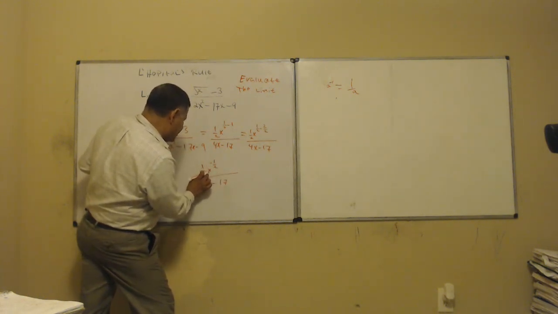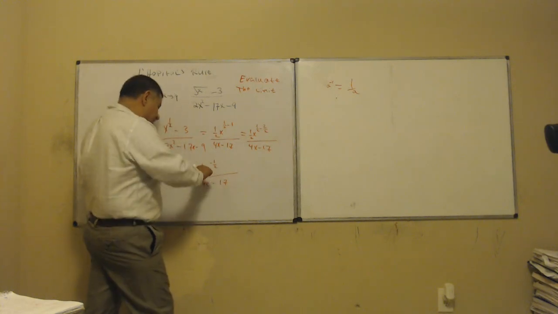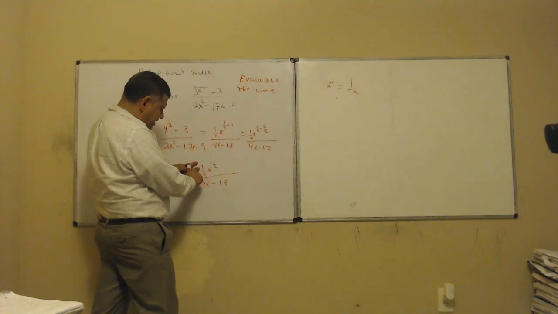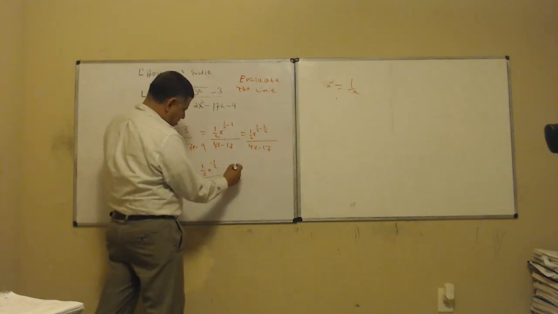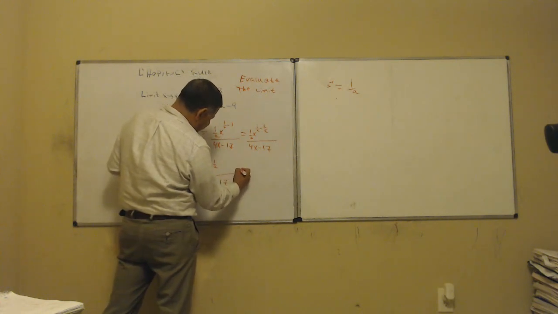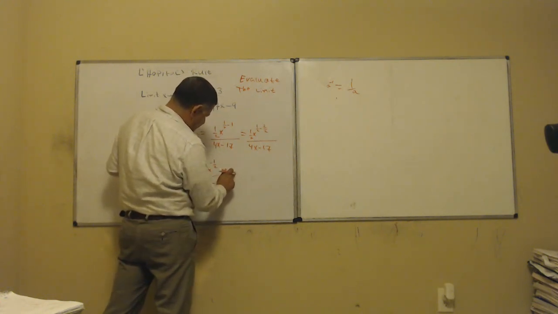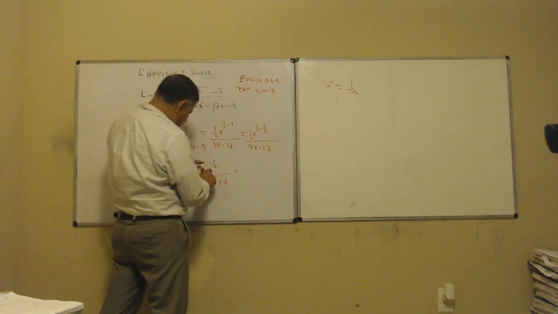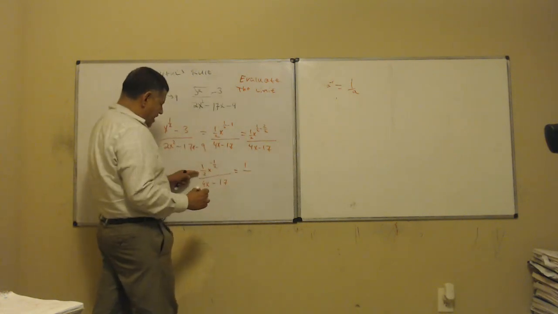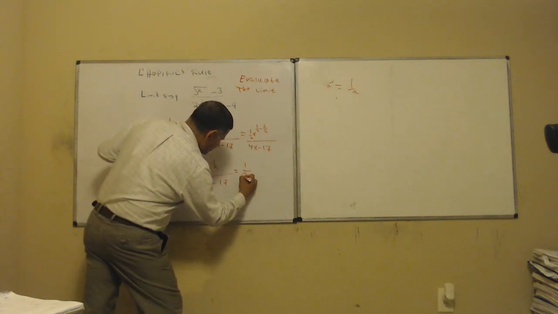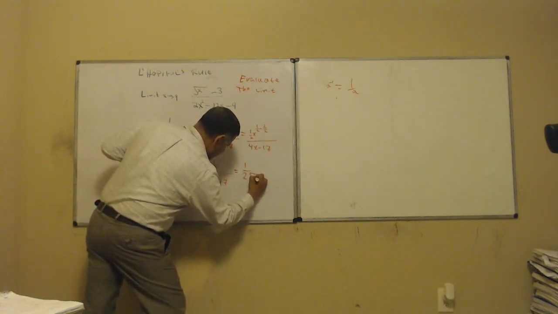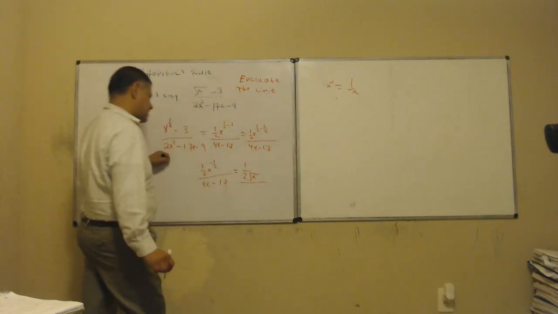This is not underneath right now, but I will put it underneath. I will bring this down and keep the 1 on the top, right? So this is 1 over 2 times the square root again of x.